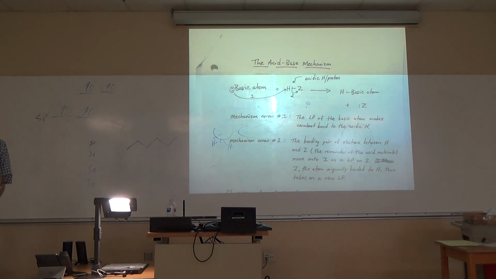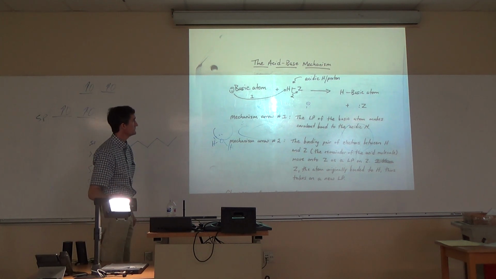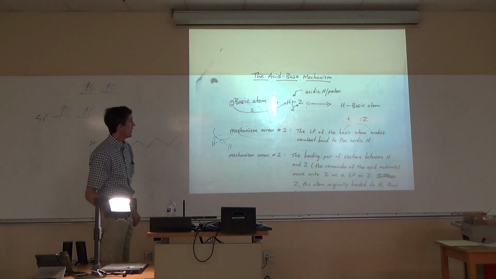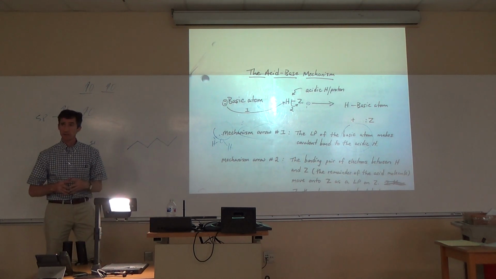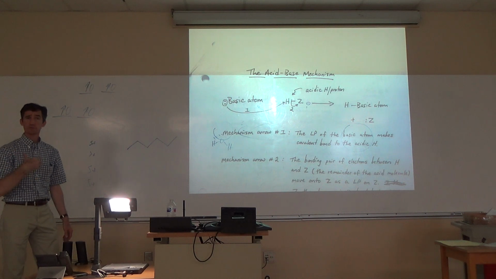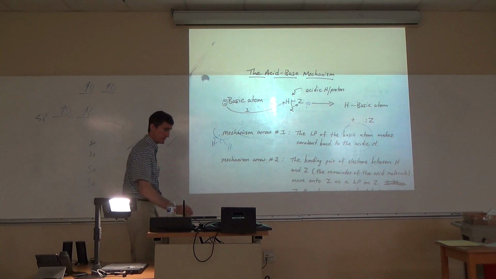Mechanism arrows, sometimes called curved arrow formalism, show the reaction so that we understand what's going on. Any acid-base reaction is going to have the same exact mechanism. We're talking about Bronsted-Lowry traditional acid-base with a proton. Okay?